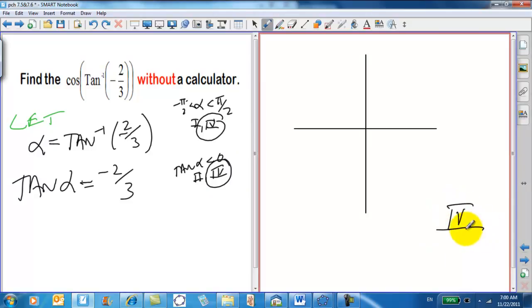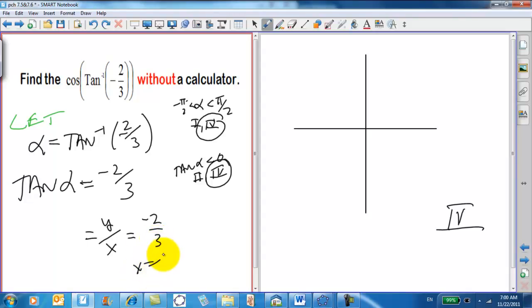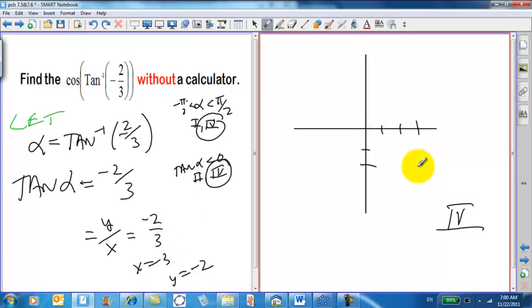So we're focusing on this quadrant. So I'm going to draw that when I do the tangent of theta equals negative 2/3. I'm going to think of this as y over x, and think of it as negative 2 over 3. And so x equals 3 and y equals negative 2, as opposed to the inverse, which would put us in the second quadrant. So over 3, down 2. There we've got a point on the terminal side.